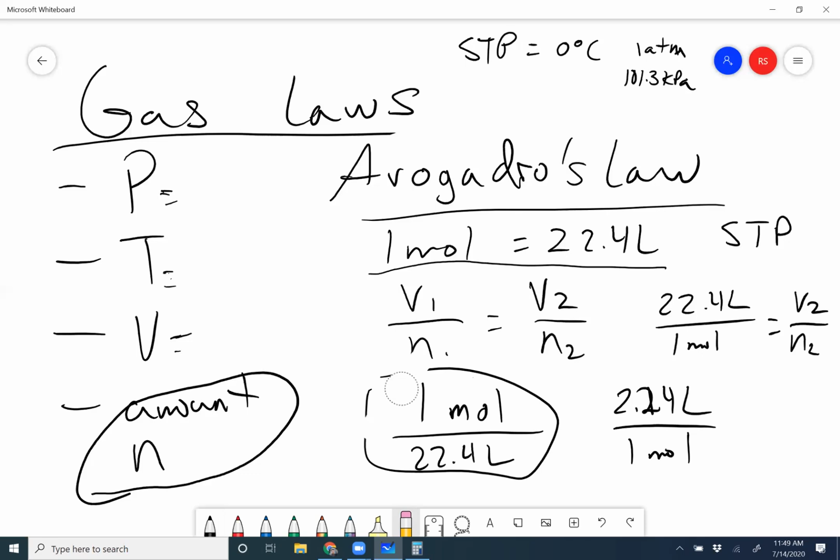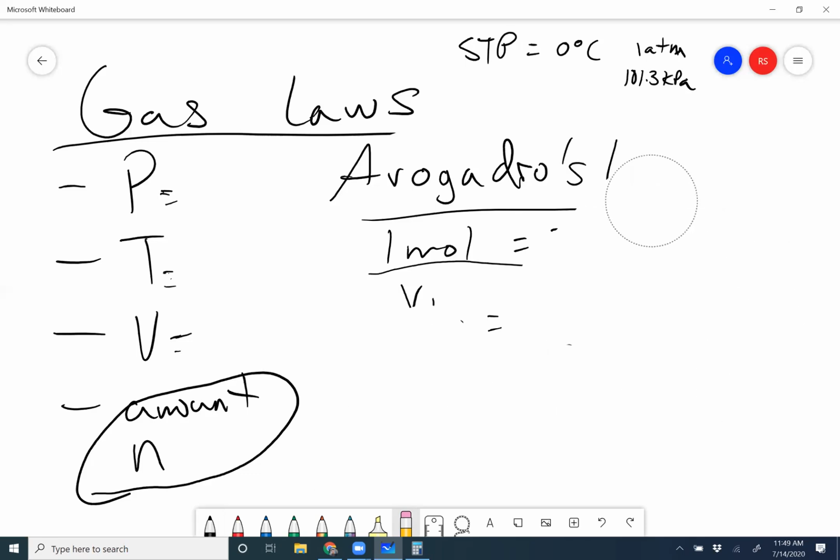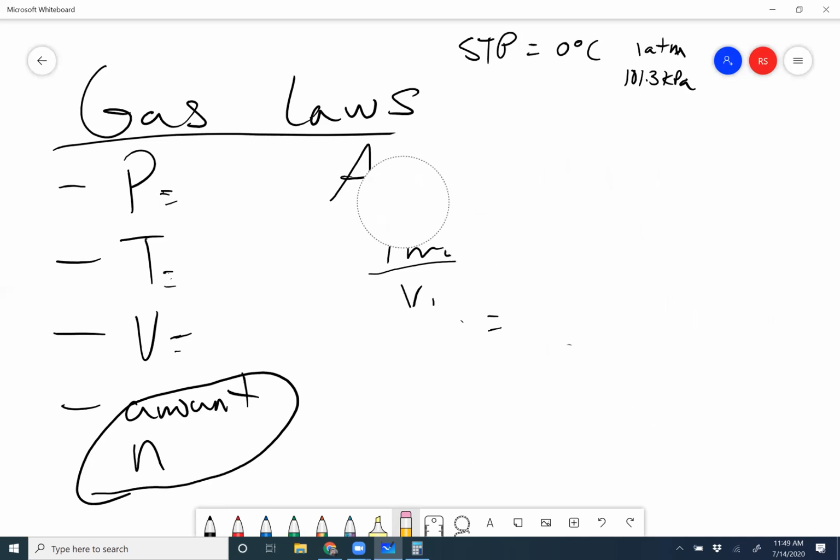So now we have a problem. Keeping stuff constant is kind of a pain in the butt. And most of the time, a lot of things change all at once. So what we needed to do was make a completely combined law, which we call the ideal gas law.